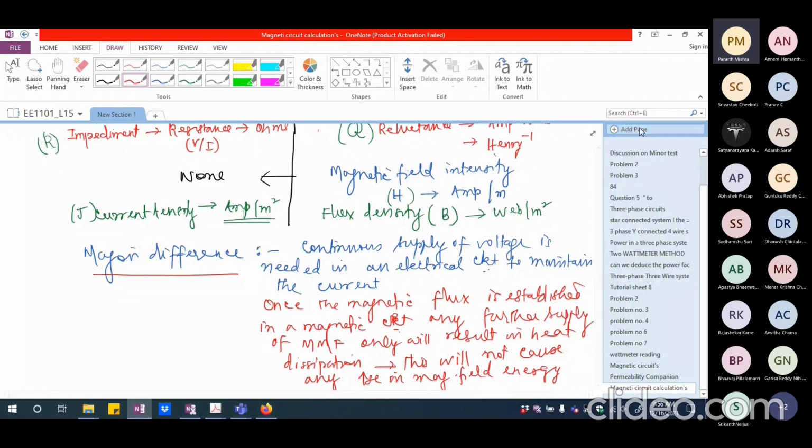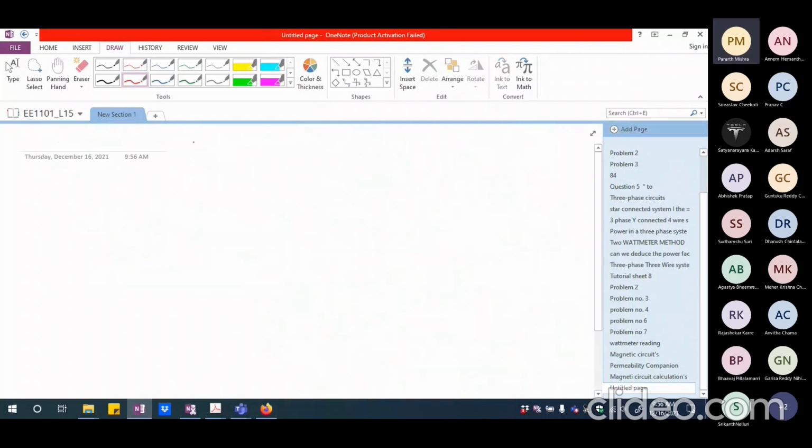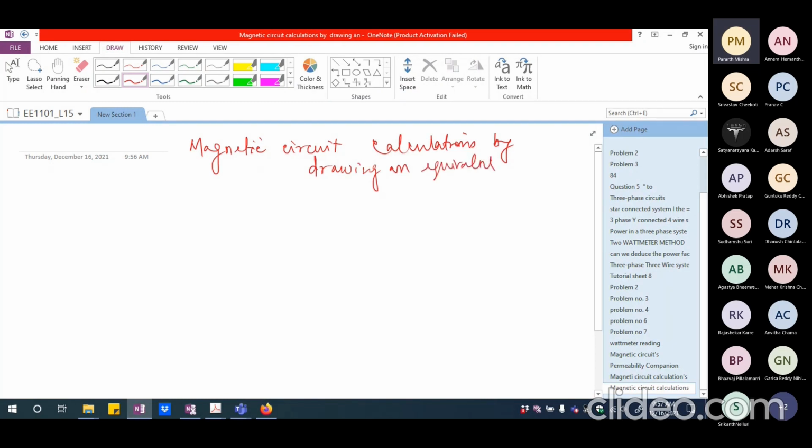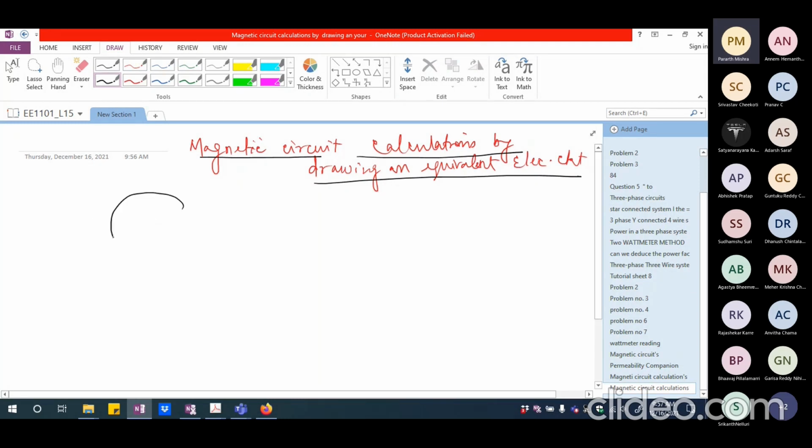Now let us look at how we do the magnetic circuit calculations by drawing an equivalent electrical circuit. Looking at a particular magnetic circuit, for example, let me again take the same iron ring.